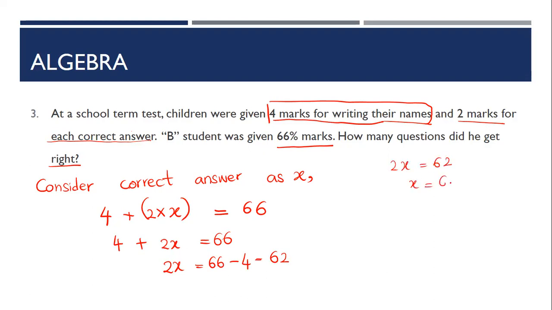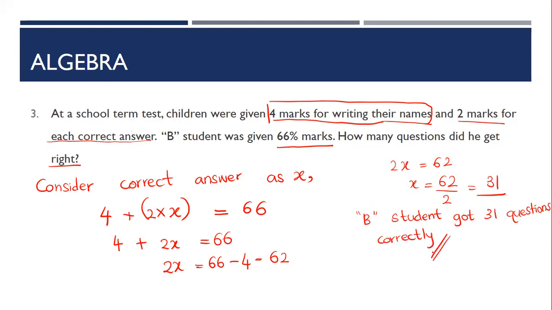So x is 62 divided by 2 and it is 31. So she got 31 answers correct. So finally, we can write in the answer, the student got 31 questions correctly.